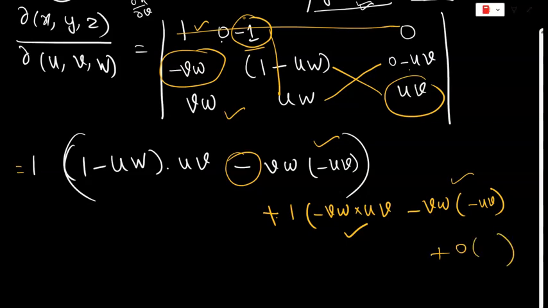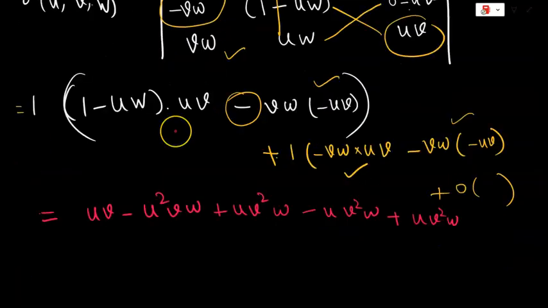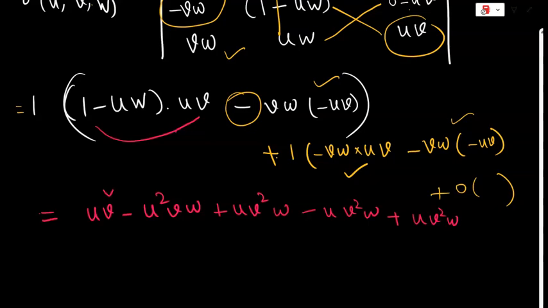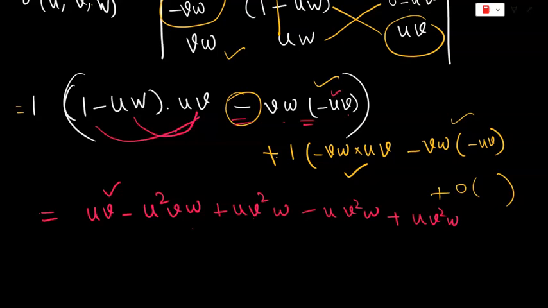We are just going to simplify these terms. I'll write it. If I multiply 1 into uv, it's uv, then minus u into vw. So 2u is there, so u square vw. Third term, this minus and this minus will become plus. There is 1u, 2v, so u v square w. This term minus v, 2 times v is there, so minus v square uw.